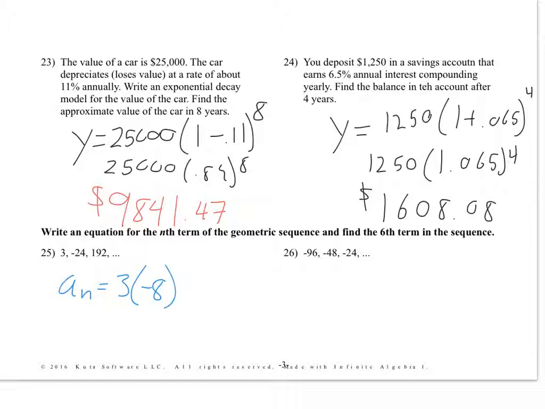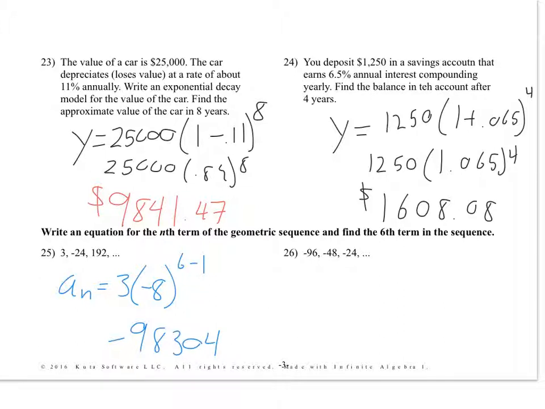Because I go from a positive to a negative, back to a positive, and we want to find the 6th term, so that would be 6 minus 1 there, okay? And if we did that, that would be negative 8 to the 5th. We should get negative 98,304. Okay, I believe my sign is correct there.